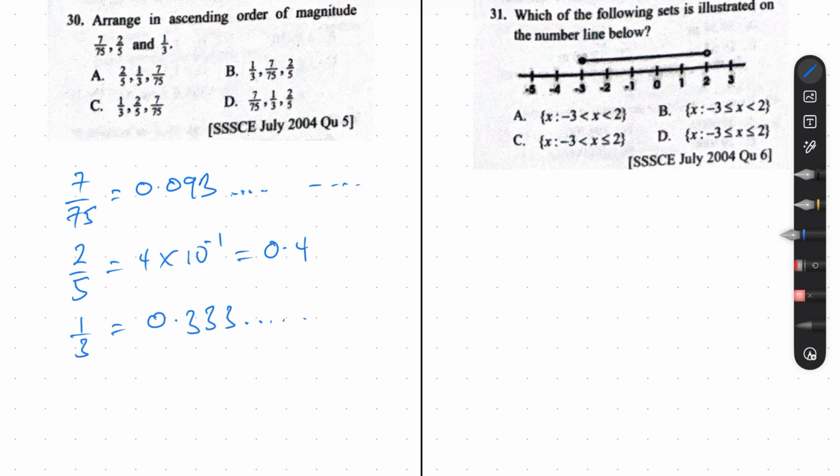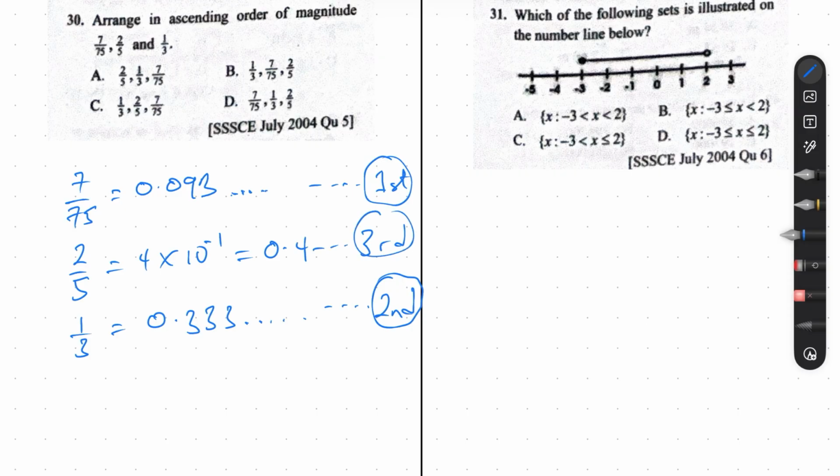And then now we compare 0.4 and 0.33. 0.33 is smaller than 0.4, so that is the second. And then obviously 0.4 will be the third.